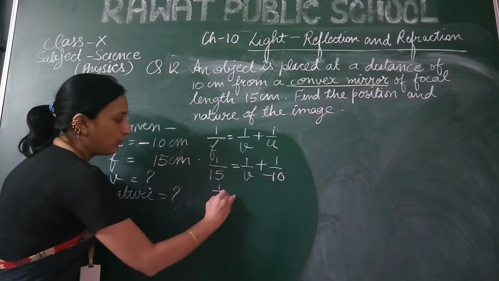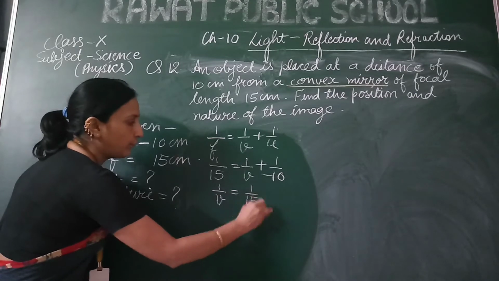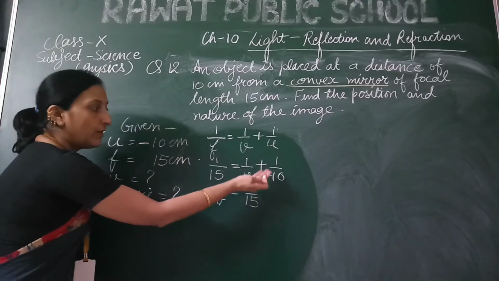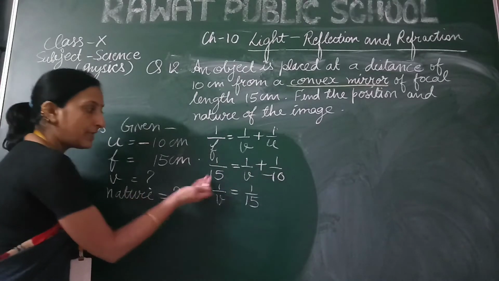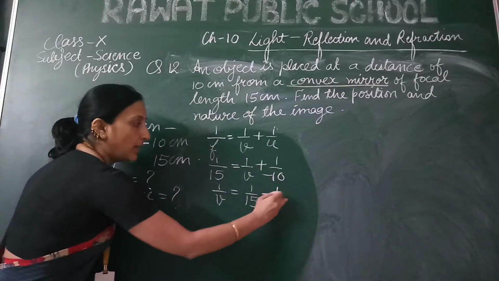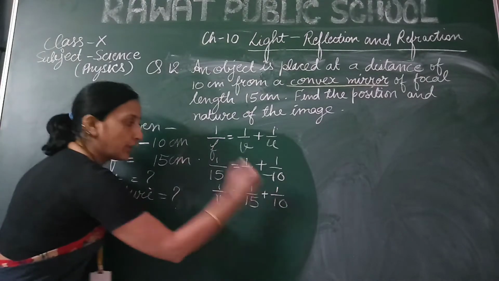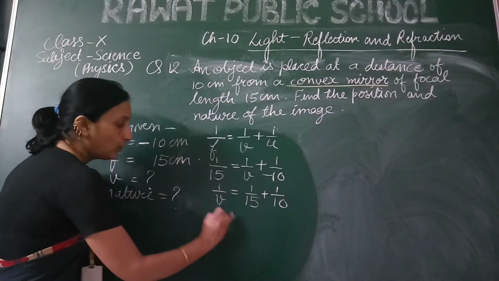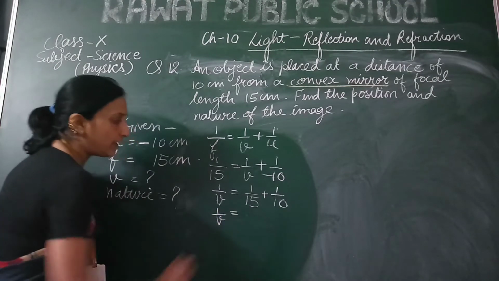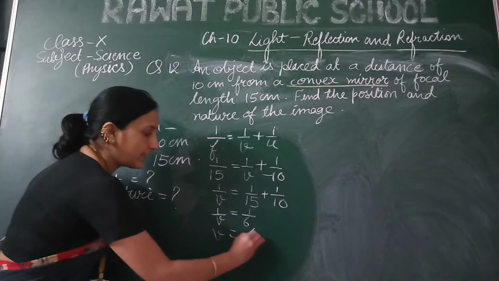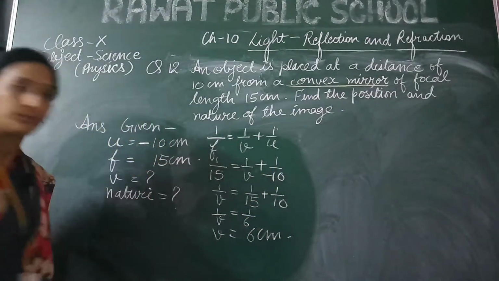So 1 upon V is equal to 1 upon 15. ये plus minus यहाँ minus हो जाएगा. When we will bring it on this side, it will become again minus 1 upon 10 हो जाएगा. Oh sorry, plus हो जाएगा. ठीक है. Now the 1 upon V will be, we will get 1 upon 6. So V will be 6 centimeter.